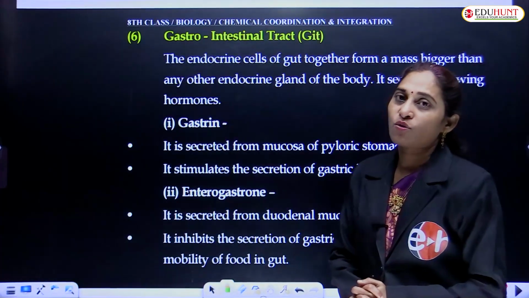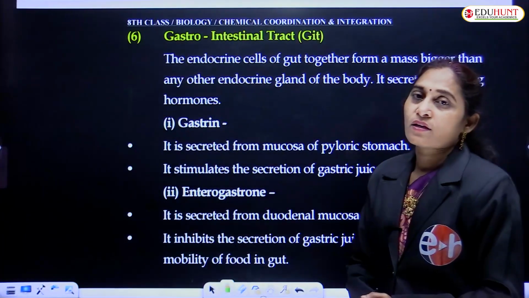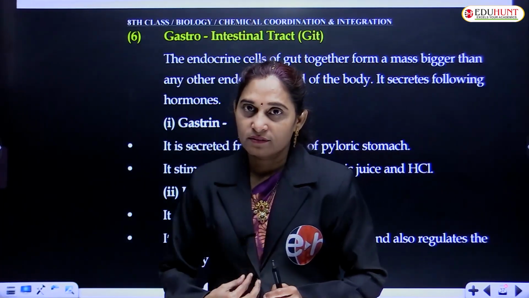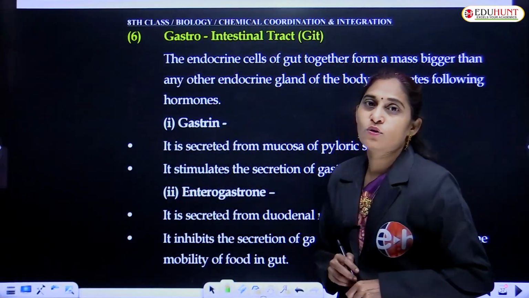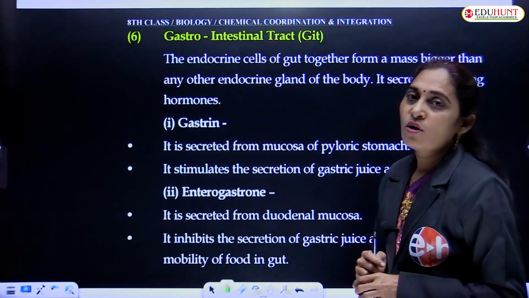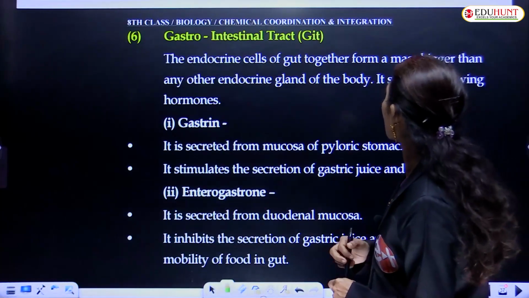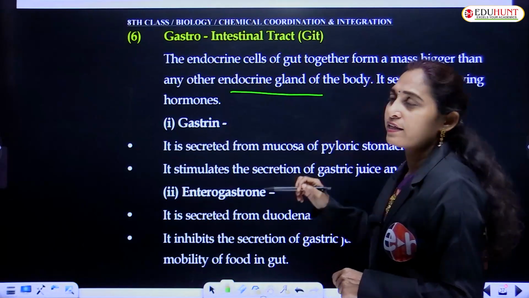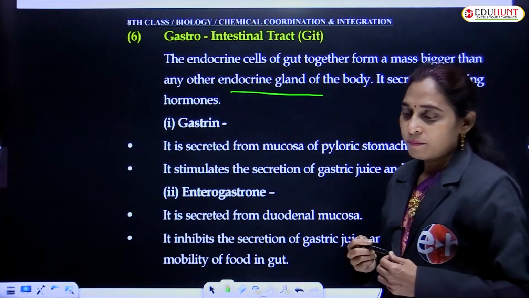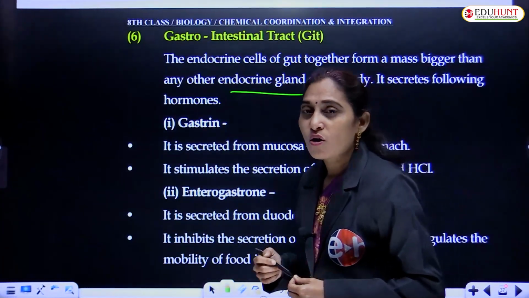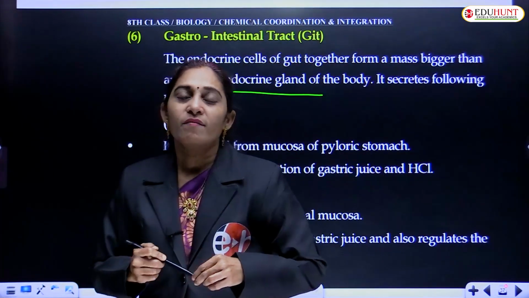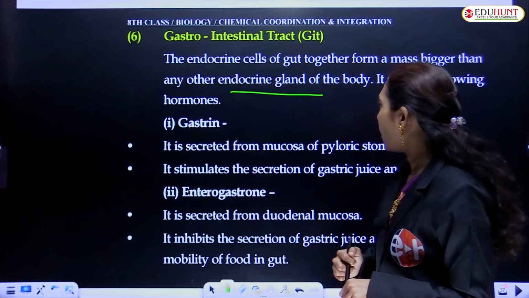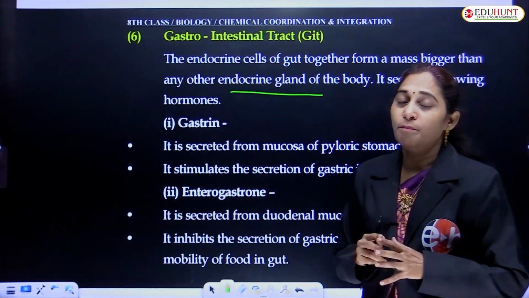Next is the gastrointestinal tract. The gastrointestinal tract is the digestive tract, where the endocrine cells also produce some hormones. It is considered an endocrine gland because it releases hormones, and compared to the other glands of the endocrine system it is the bigger one, because it has a bigger mass.